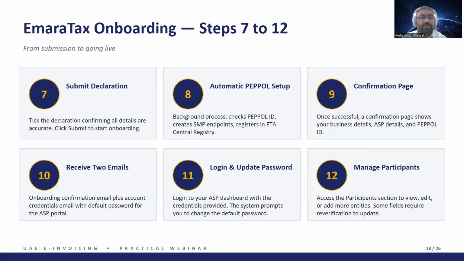Then submission declarations, automatic PEPPOL setup, confirmation page, receive 2 emails, login and update password, and manage. So these are the step-wise procedures I've written down here. When you open your Emara, you will find all steps are there, and you can make your onboarding easily.